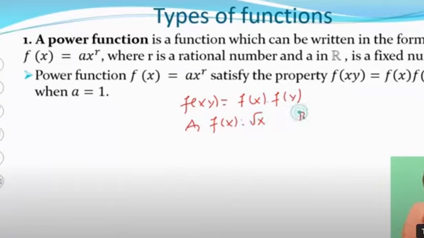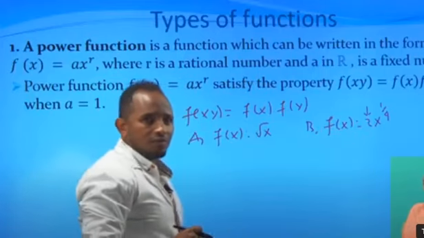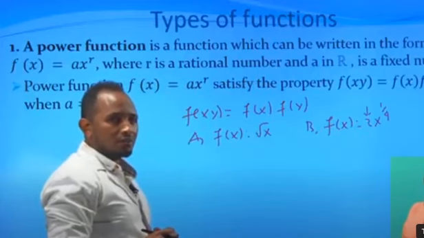B, f of x is equal to 2x to the power of 1 over 4. Which of these two satisfies this property? You can check by putting f of x, y, but easily, this is a power function, this is also a power function, but the coefficient of this power function is 2. So this doesn't satisfy the property f of xy is equal to f of x times f of y.